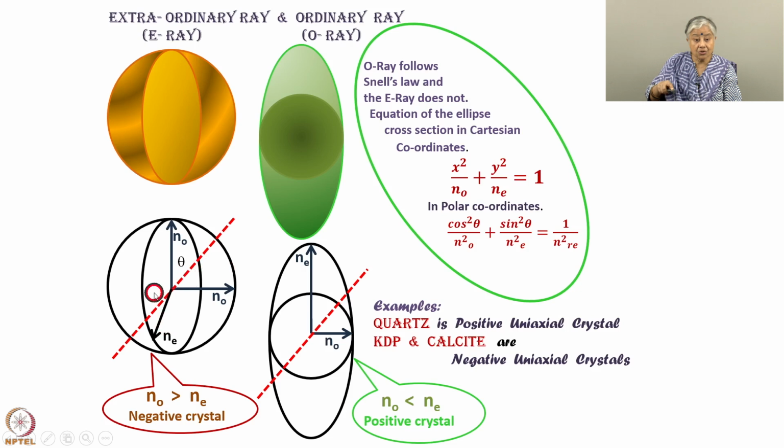I measure it along the optic axis. Here the optic axis is along this straight line. So, my optic axis is the reference from where I measure the angle theta. So, I know the refractive index for the E ray and for the O ray.